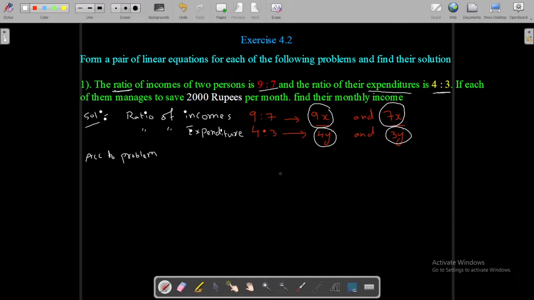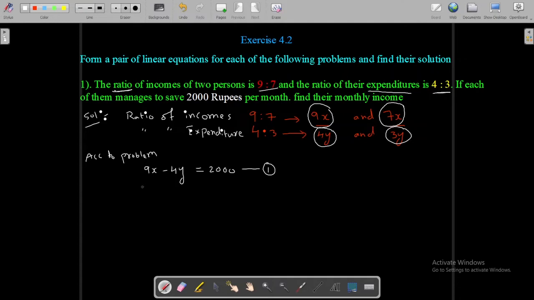So here I will form an equation like this: 9x minus 4y is equal to 2000. Why am I taking 2000? Because he is saving 2000 rupees per month. So this is for the first person, or we can write it as the first equation.